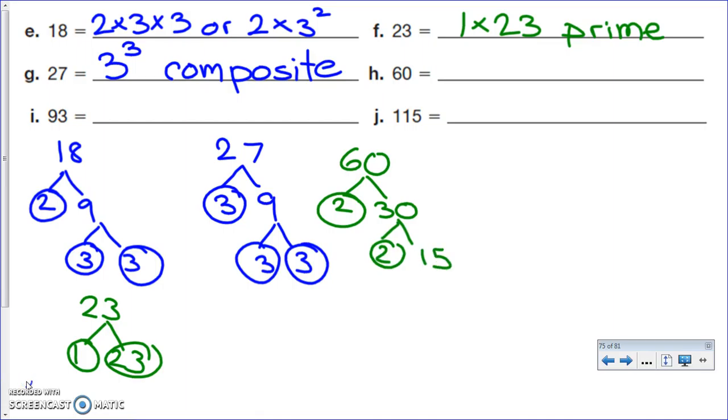Again, 2 is prime, so we circle it. 15, we're going to do 3 times 5, both of which are prime numbers. So our prime factorization is 2 times 2 times 3 times 5, which tells us it's composite.